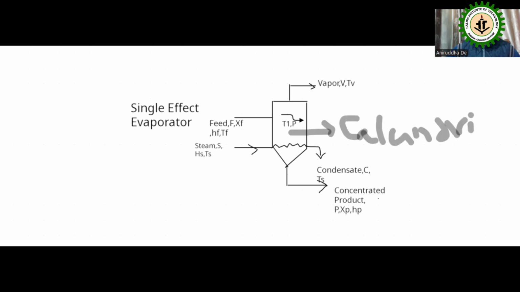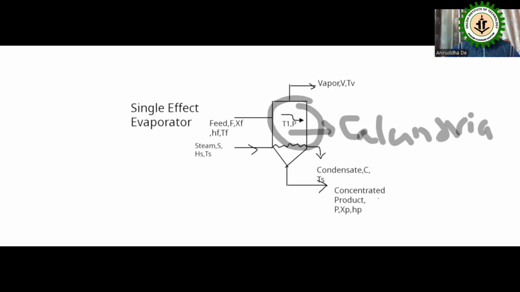The calandria is a cylindrical cell, inside which a large number of tubes are arranged, either horizontally or vertically, through which the liquid foods to be concentrated will be flowing. Outside the tubes, steam will be flowing.